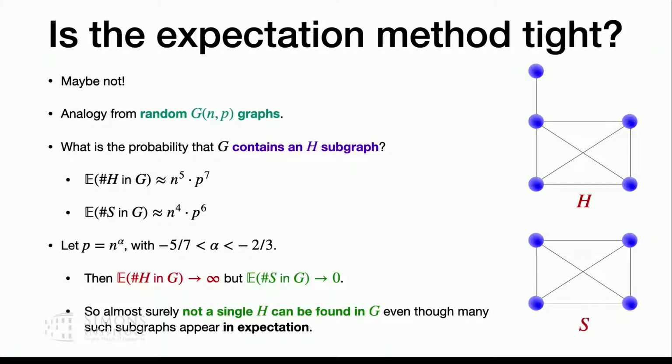Because the probability of having an S in the graph is an unlikely event. But if this unlikely event happens, then this copy of S is going to have many leaves coming out of it, and each one of these gives you a copy of H. So in the unlikely event of containing an S, you're going to have many H's, not just one. And this is how we got to this strange phenomenon.